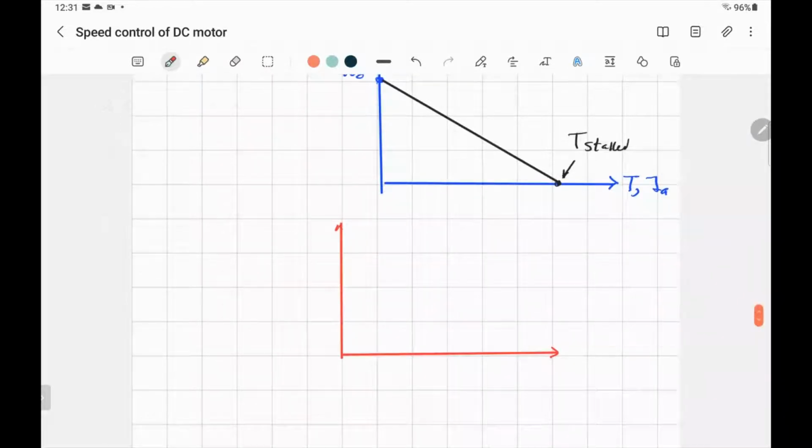If we sketch the real one, omega m versus torque or armature current, with the no load speed, it will be like that. A small drop, almost constant speed for a DC motor. That's why we use it in applications where we need constant speed with just small control. The drop is 5% if you load it, nothing more.